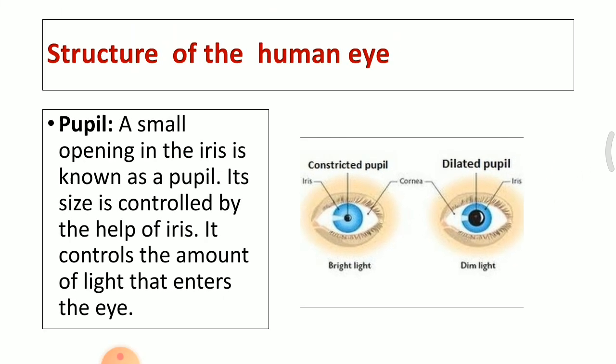So the size of the pupil is controlled by the iris muscles. When bright light enters, the size of the pupil is small. When dim light enters into our eye, the size of the pupil is more. So the size of the pupil is adjusted by the iris.